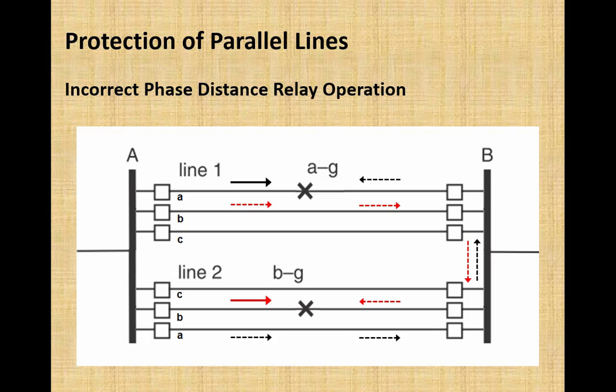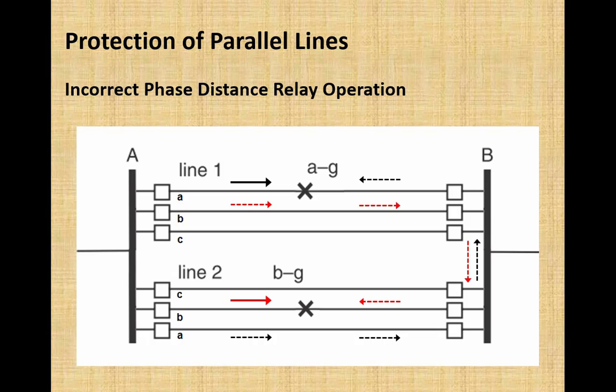Post fault analysis is very important, because we want to know the reason for tripping of the line, so that if it is an incorrect tripping, some solution could be advised to avoid it. Or if protection has failed to clear the fault, then we will have to change the setting.